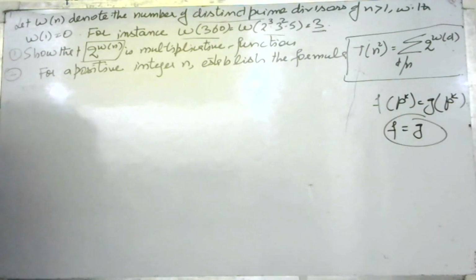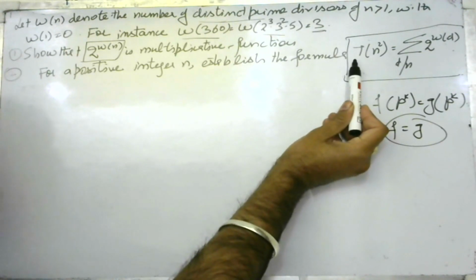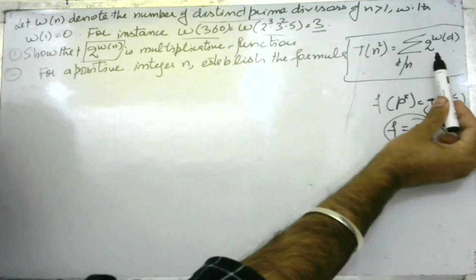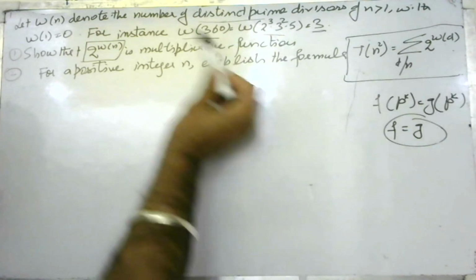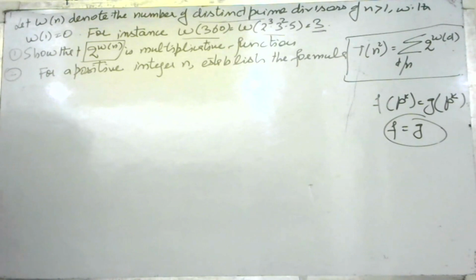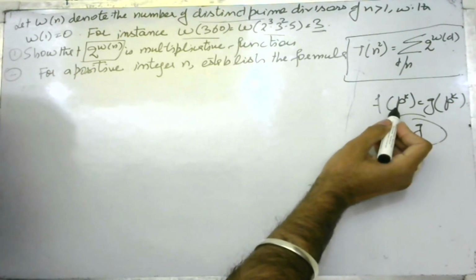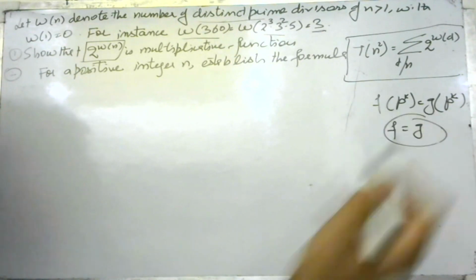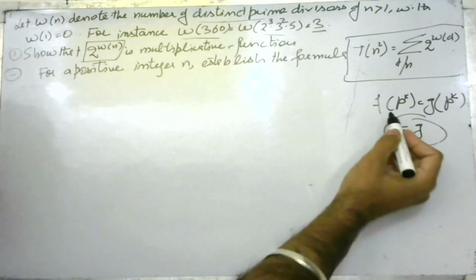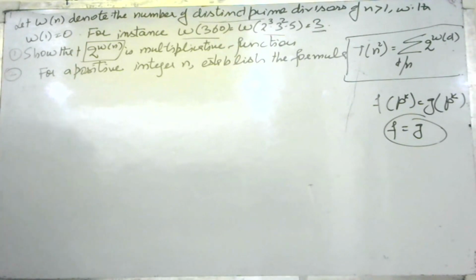So this we have already proved. And here you see, we know tau(n) is multiplicative and 2 power w we already proved is multiplicative. So both the functions are multiplicative. We only need to show that their prime powers values are also equal. If we are able to prove that, then they both are equal. Let us try to prove this.